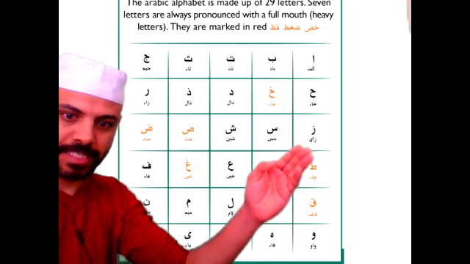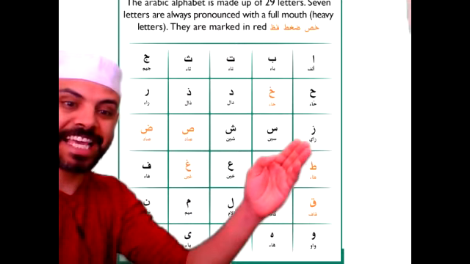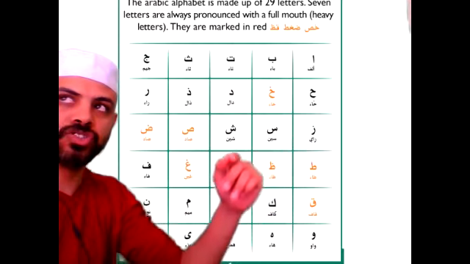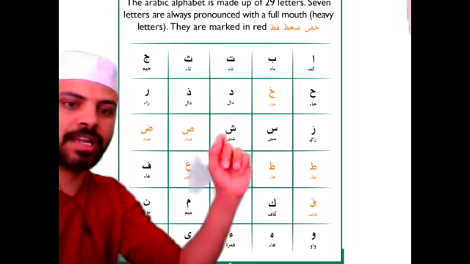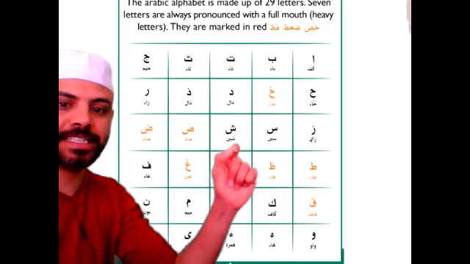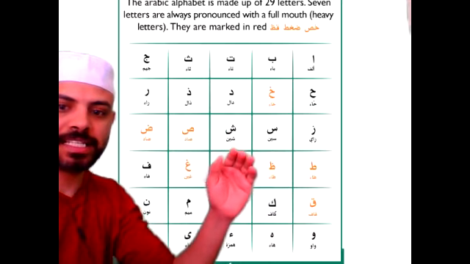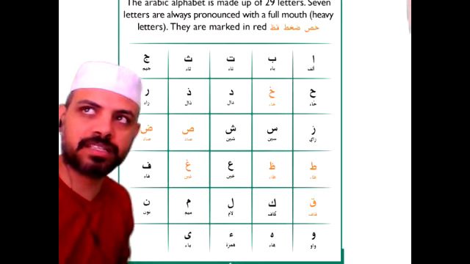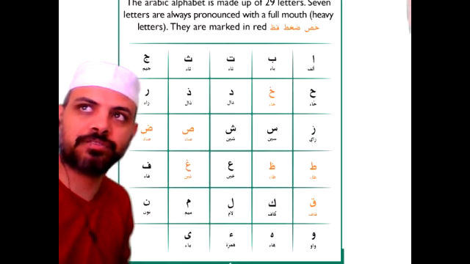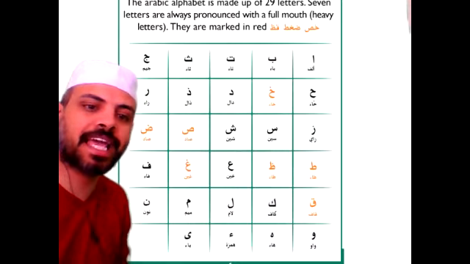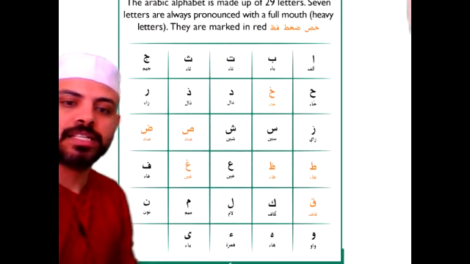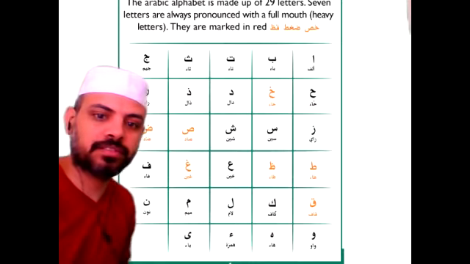Zay, زاي. Not just za with fatha, this is the letter's name now. Yes, you can say za with fatha, and for the letter's name, you will say zay. Dhal, ذال. Okay.